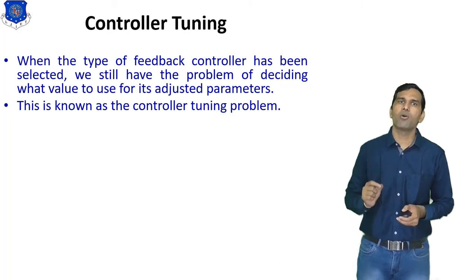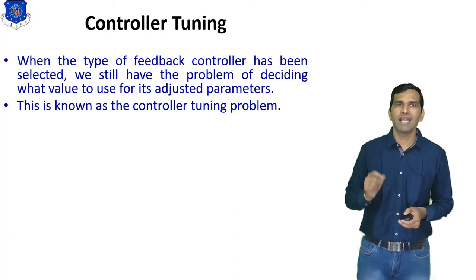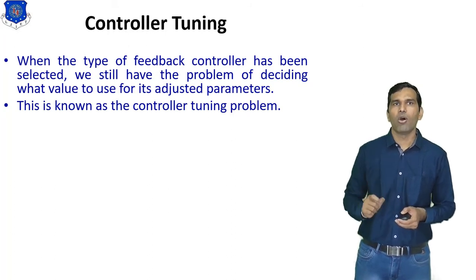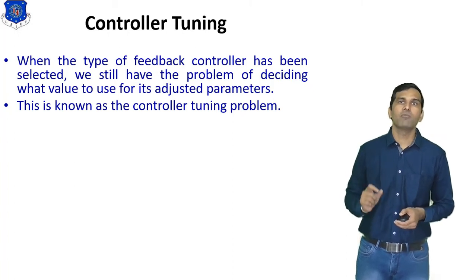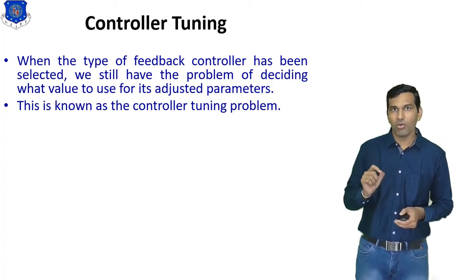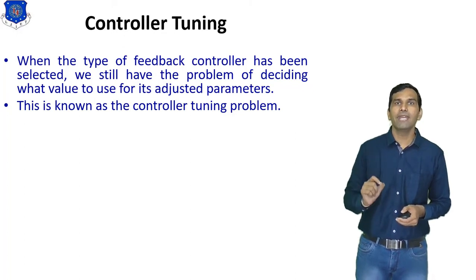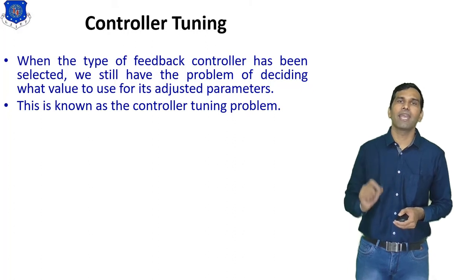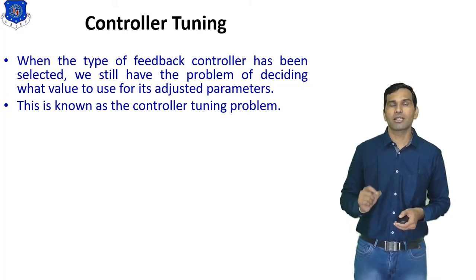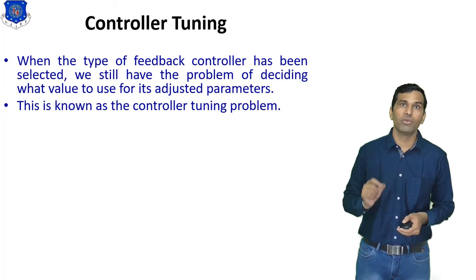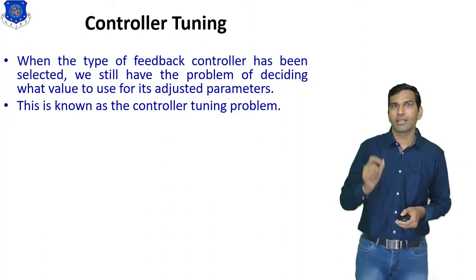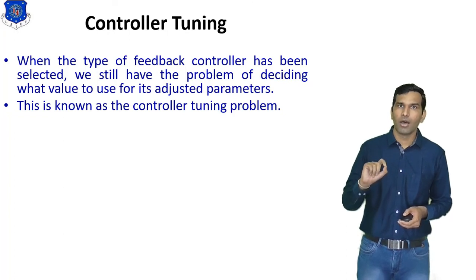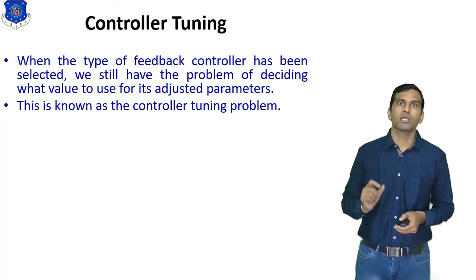Now we still have the problem of deciding what value to use for its adjustment parameters. Here we talk about the values of KD, KP and KI, that means the gain of the controller. Which value we use to give the gain is very important.